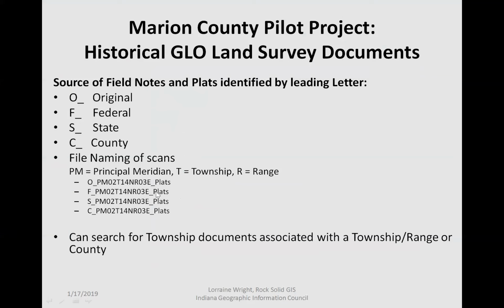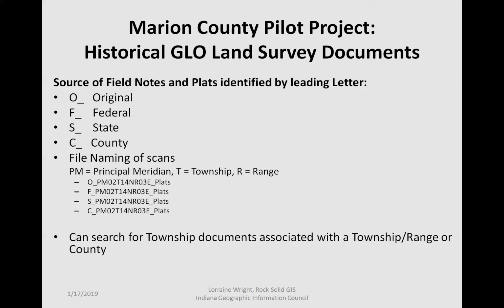So when you see this naming convention, the principal meridian is called PM. That was either 1 or 2. The majority of state is 02, but it's critical we include this because when you get into property that's within the principal meridian 01, you need to differentiate that.